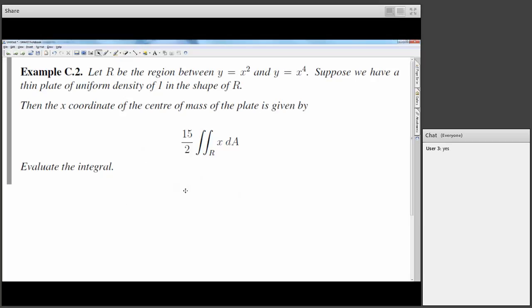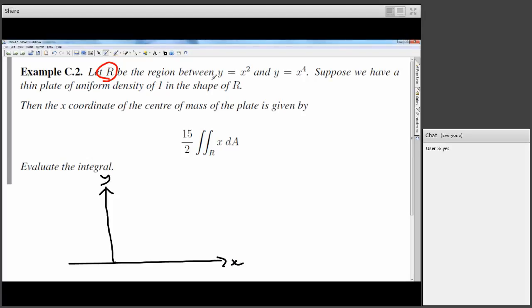As I said, the plan of attack is, given an integral of any sort, the first thing to do is try to draw roughly what the region of integration is. That really corresponds to drawing this region R. So let's draw my axes, x and y.